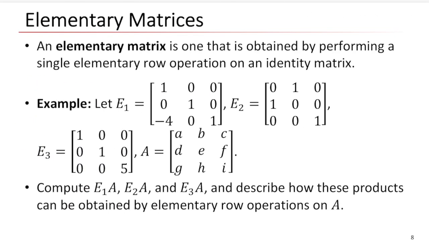Okay, so there's one more concept. It is called the elementary matrix. An elementary matrix is one that is obtained by performing a single elementary row operation on an identity matrix.